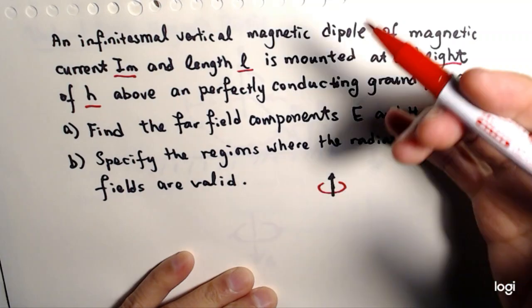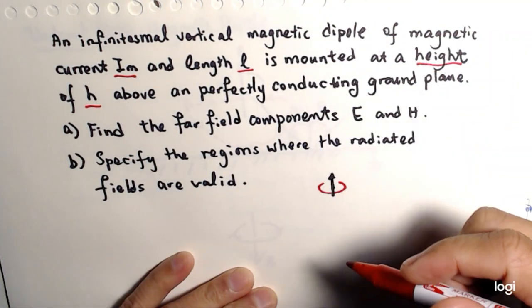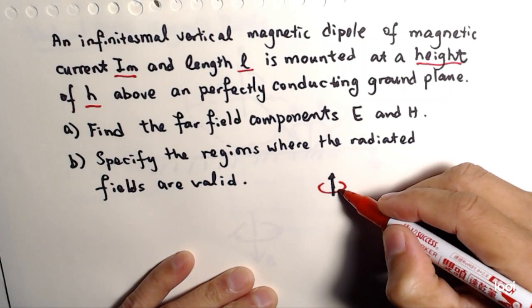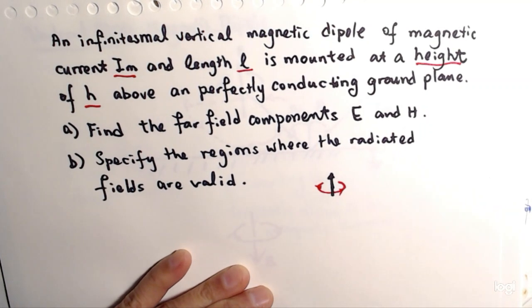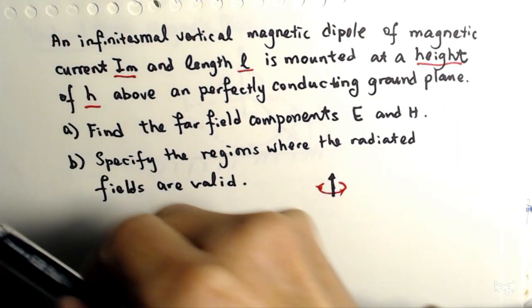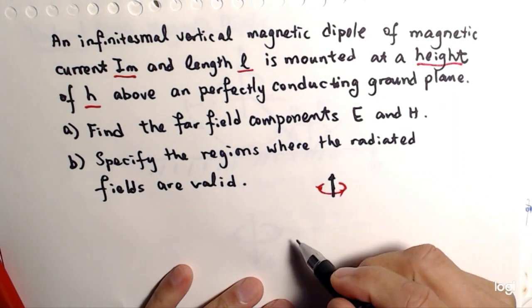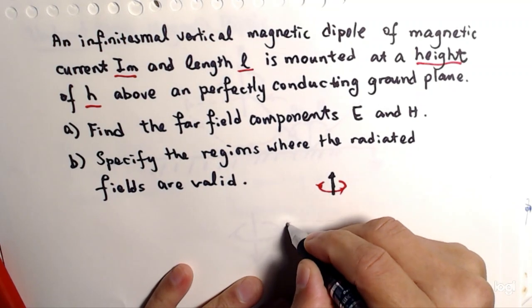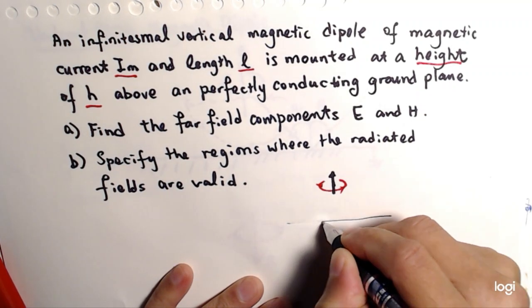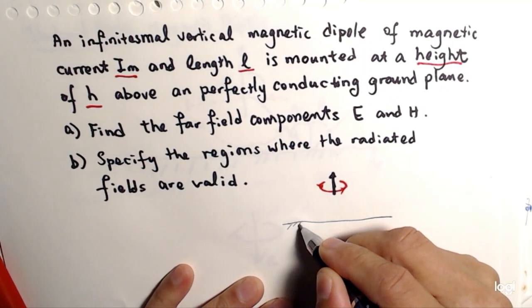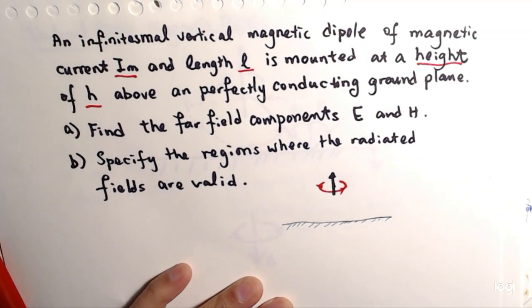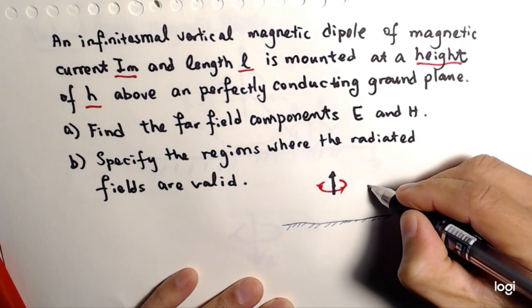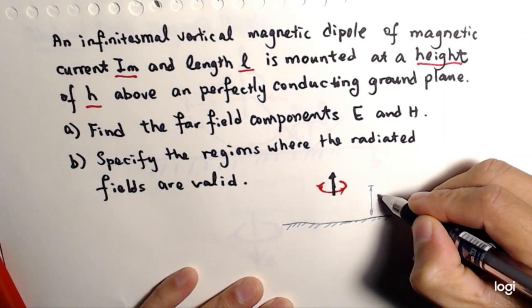Then by the right hand screw rule, you should have the current flowing in this direction. And you have a ground plane. So this is the ground plane. The height of the antenna is h.